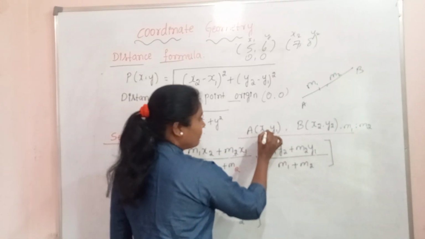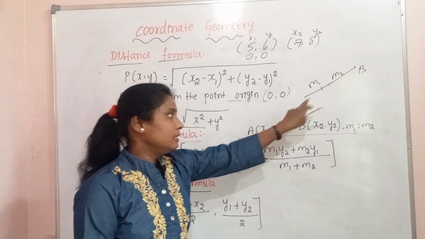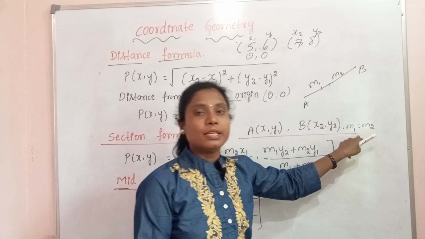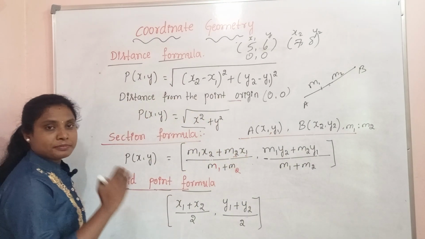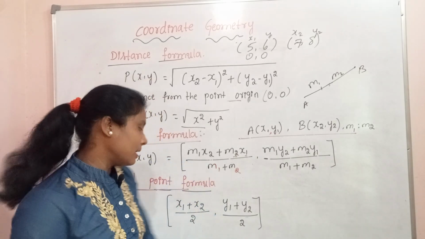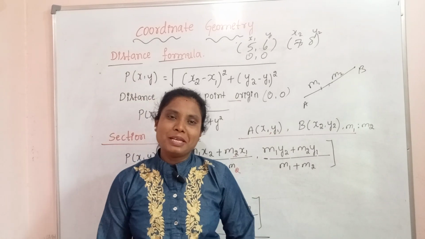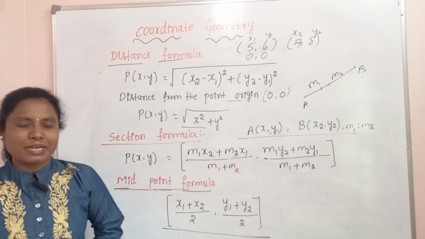Then when the line segment's ending points are given and the ratio is given, we apply the section formula. If the ratio is the middle way or the midpoint, that time we apply this formula. So these are the major formulas we need to remember while solving coordinate geometry of grade 10.